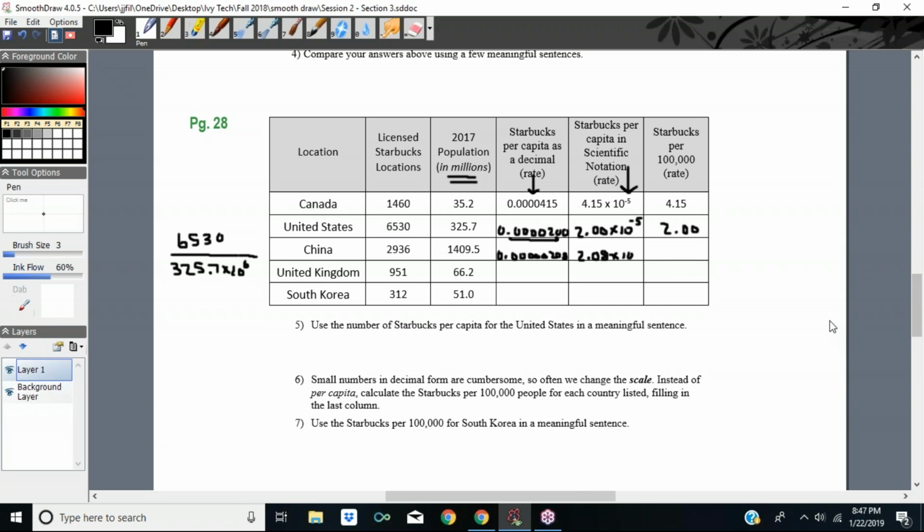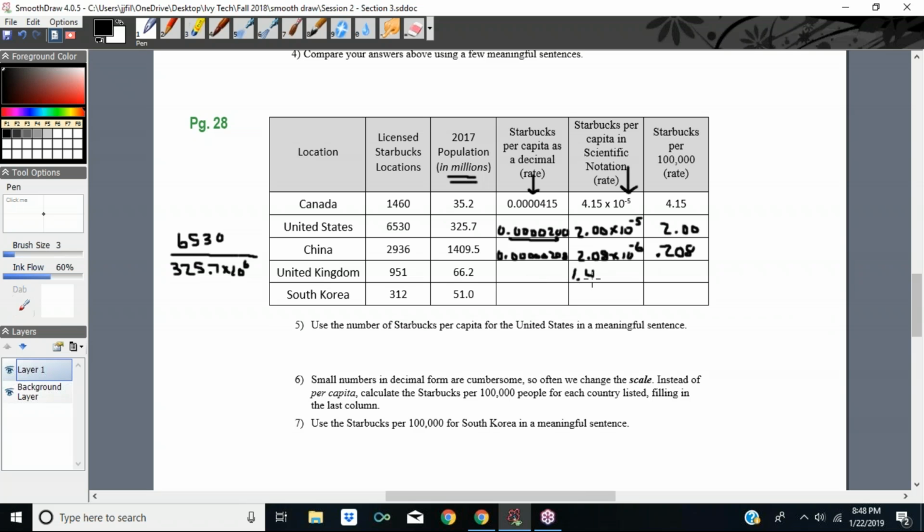And it looks like Kelsey has an answer in there. Ashley, Kaylee, good. Yep, -6. And again, I'm using 3 significant digits here because I want to be able to compare them. So if I multiply that by 100,000, I'm going to get 0.208. So it looks like the US has 10 times as many per capita as China.